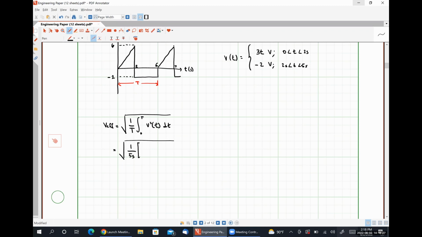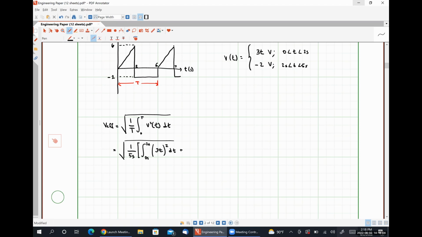Now, because I have a piecewise function, I'm going to break up my integral into 2 parts. I'm going to integrate from 0 seconds to 2 seconds, and I'm going to be integrating the value of our voltage waveform, 3t, and then I need to square it.